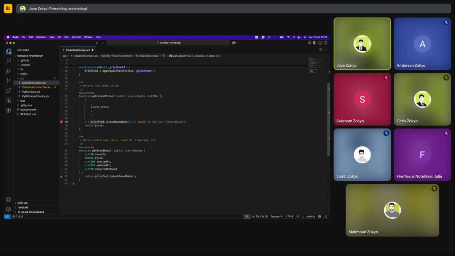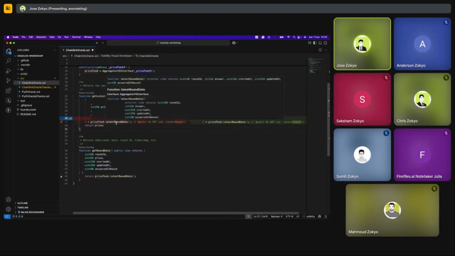This is something deprecated that was used sometime before, but it's no longer recommended. So that would be a vulnerability, using latestAnswer. So in this case, always use latestRoundData. So latestRoundData is the good function to use here, but it is not enough.